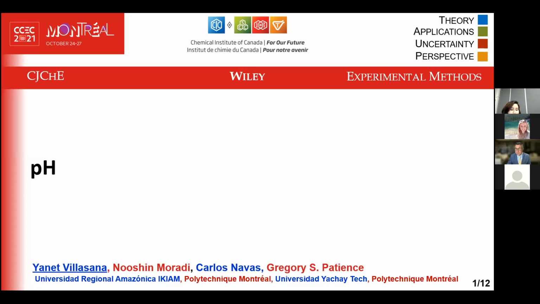Thank you, Professor Suarez. Can you hear me? Yes, very well. Okay, good afternoon, everyone, and welcome to my presentation. The experimental method that I want to talk about is pH. Everyone might think that measuring pH is an easy and reliable job with conventional methods, but it's not always the case.